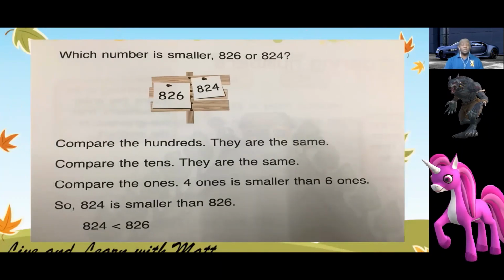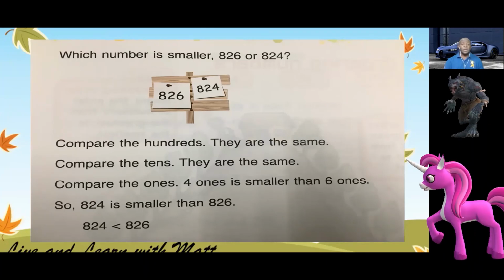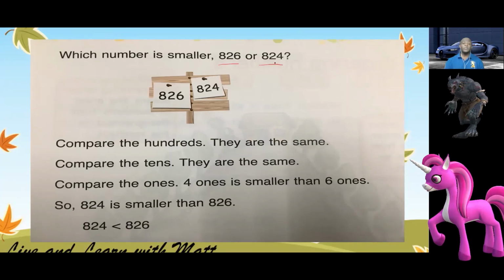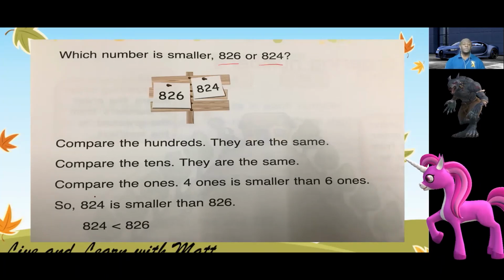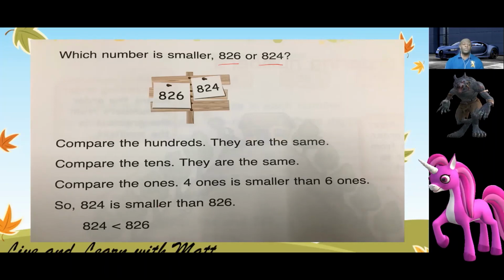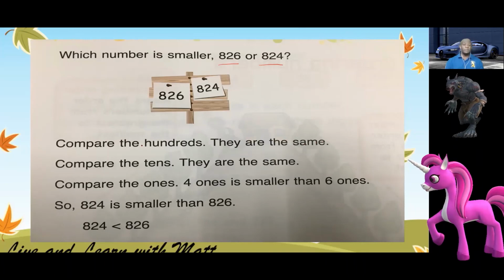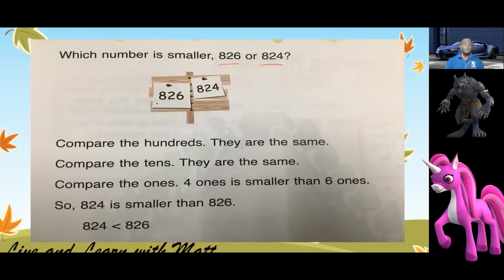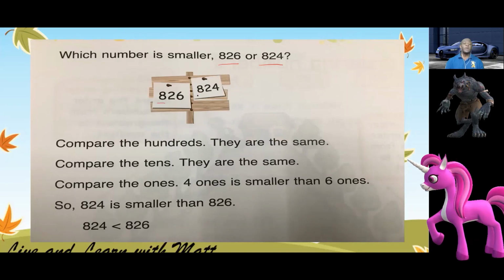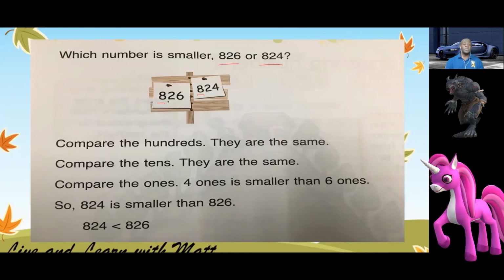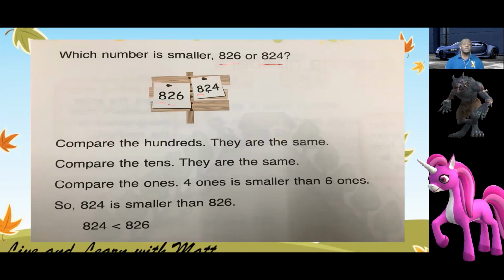Now let's compare these two numbers, 826 and 824. Let's compare the hundreds. They are the same. 800s, 800s. Now let's compare the tens. 2 tens, 2 tens.